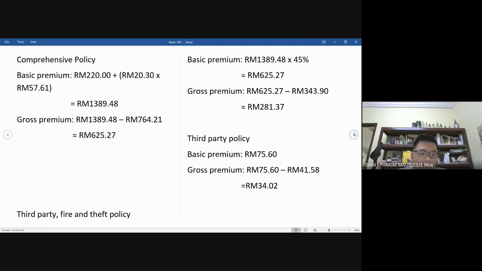On the other hand, for third party fire and theft policy, basic premium can be found by multiplying 1,389 ringgit and 48 cents by 45%, which would give you 635 ringgit and 37 cents.